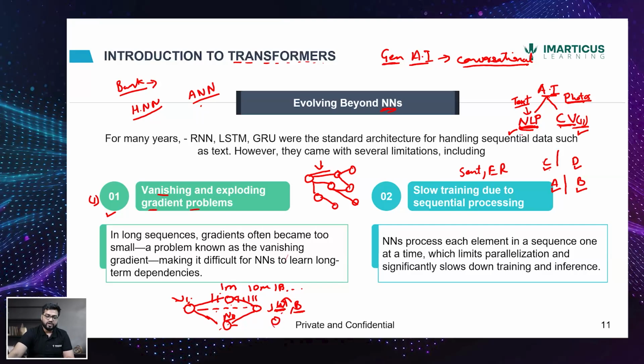So this issue was called vanishing and exploding gradient. That when the data is passed through this complex layer of millions of neurons, millions of hidden layers, the neural network is going to get confused. It is either going to give us very high values or low values, because of which we started facing the issue of vanishing and exploding gradient.